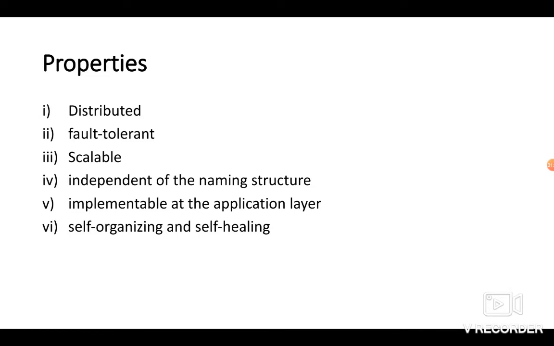The properties of Content Addressable Networks are: it is distributed in nature, highly fault tolerant, highly scalable, and independent of naming structure. It is easily implementable at the application layer. It is self-organizing and self-healing.